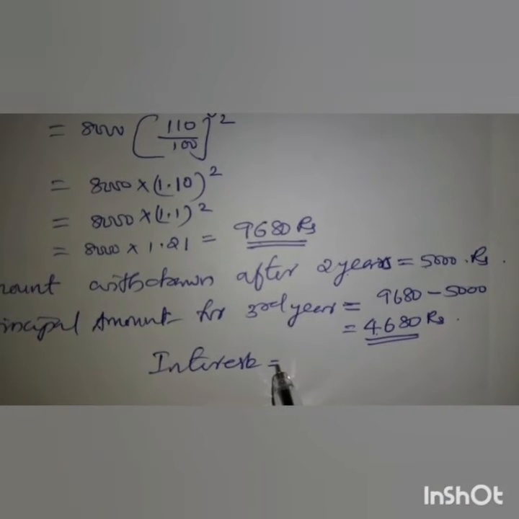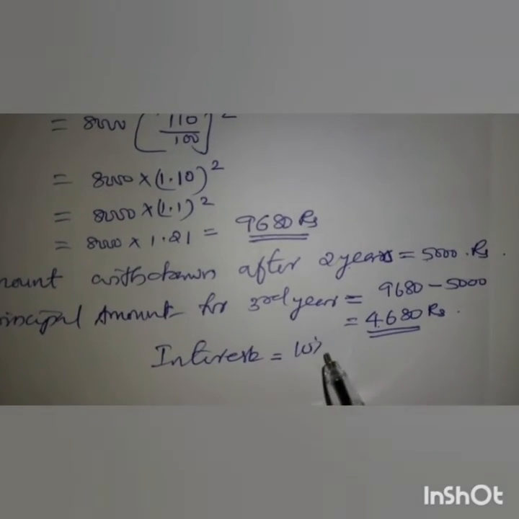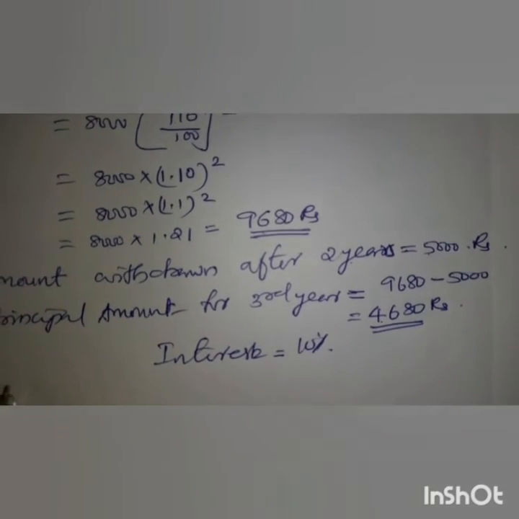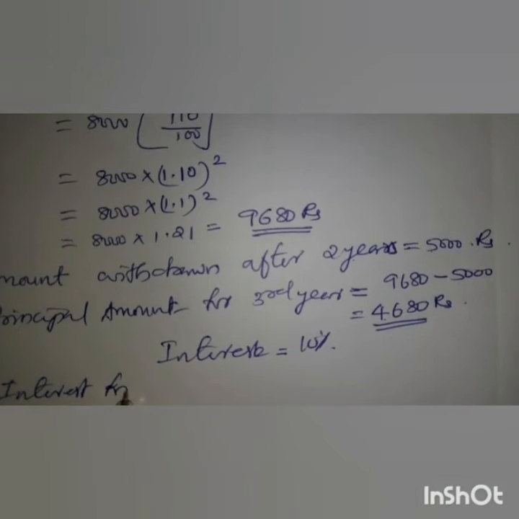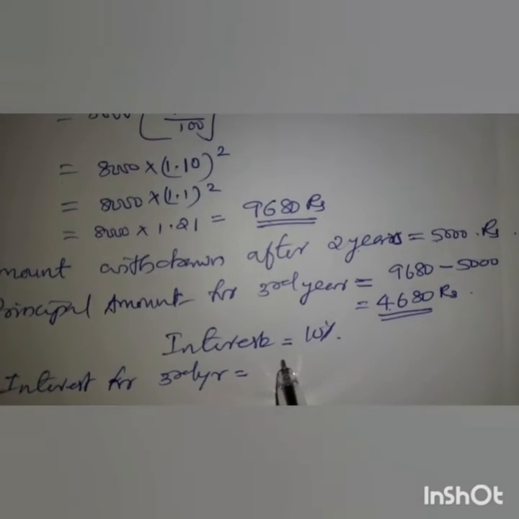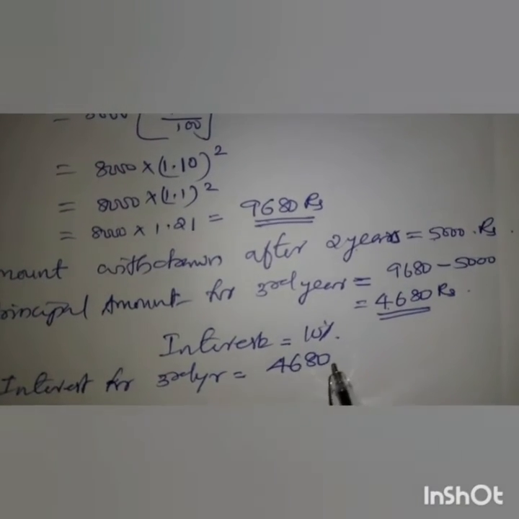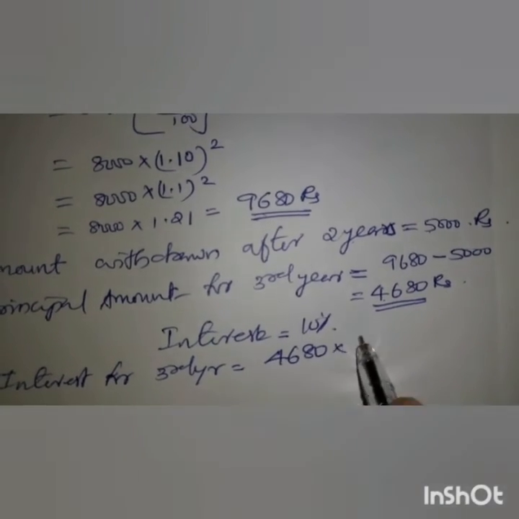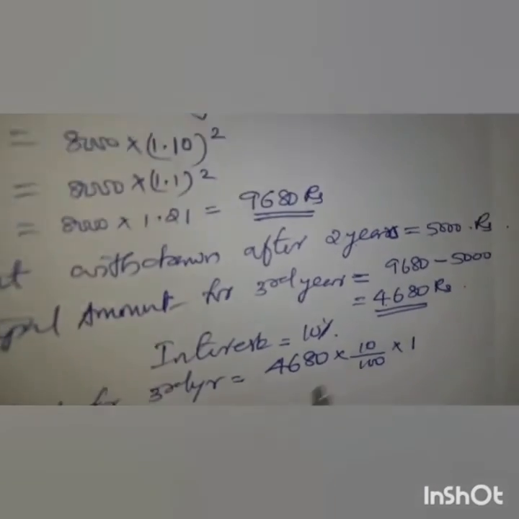Interest is 10%, the same interest, and we have to calculate the interest for the third year. So it is a normal equation you can write out. The simple interest you can calculate: 4680 into 10 by 100 and for 1 year.